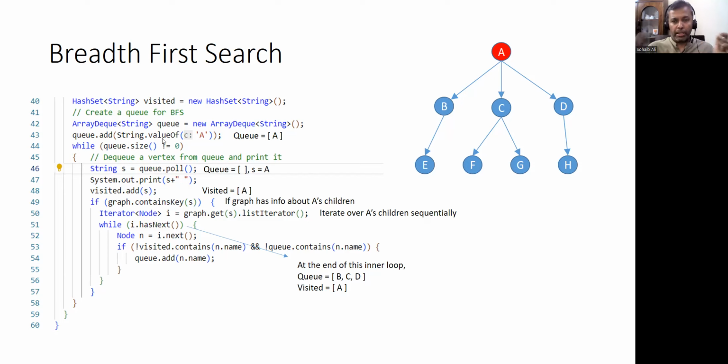If you remember array DQ, it's an open array queue, which means that you can insert elements from both sides and also delete elements from both sides. But I'm going to restrict myself to first in, first out, which means that I'm going to insert only from one side, and also pop elements from one side.